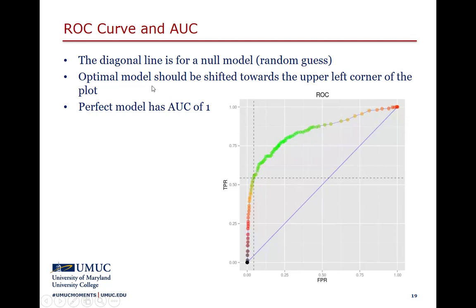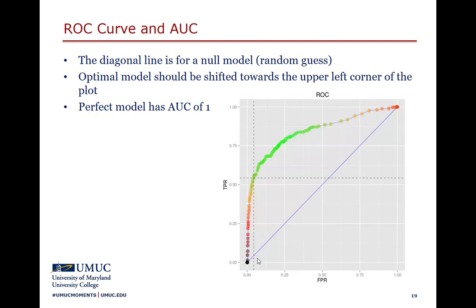Again, the optimal model should be shifted toward the upper left corner of the plot. A perfect model will have an AUC of 1: at a very low false positive rate, it just shoots up to the highest true positive rate, and the area under that will be 1.